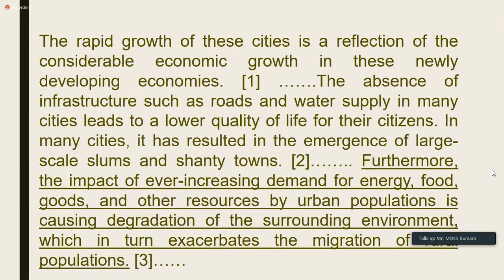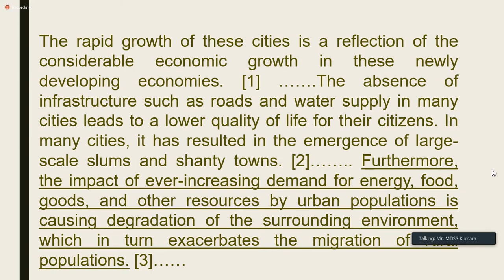Third question. Which of the sentences below best expresses the essential information in the highlighted sentence in the passage? Incorrect choices change the meaning in important ways or leave out essential information. I think this sentence also we discussed last time.